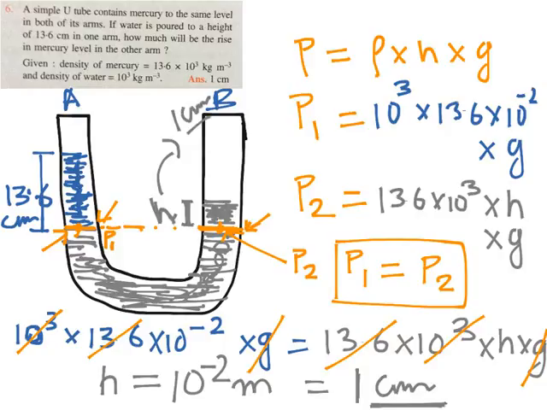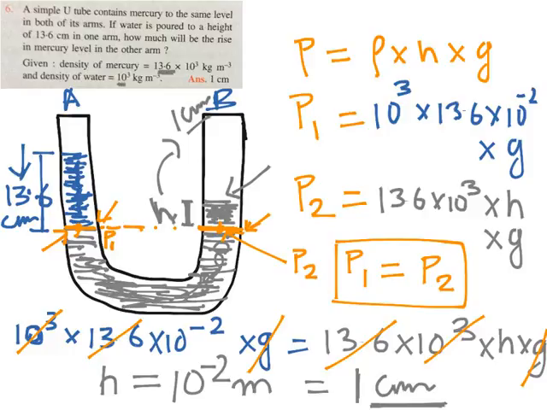But what does that mean? That means the pressure exerted by a 13.6 centimeter water column is equivalent to the pressure exerted by 1 centimeter of mercury column. What's special with this 13.6 and 1? We can see the density of mercury is 13.6 times the density of water.